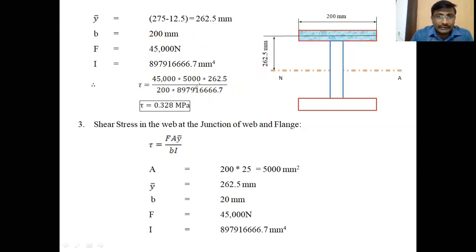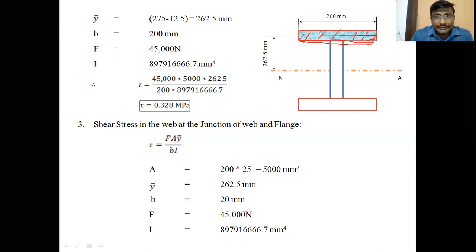Clear, students? Wherever you calculate the shear stress value, you should consider a layer at that particular fiber, above which we should consider the area. So while calculating the A ȳ, the area must be above the considered layer, and ȳ is the distance of that shaded area from the neutral axis.